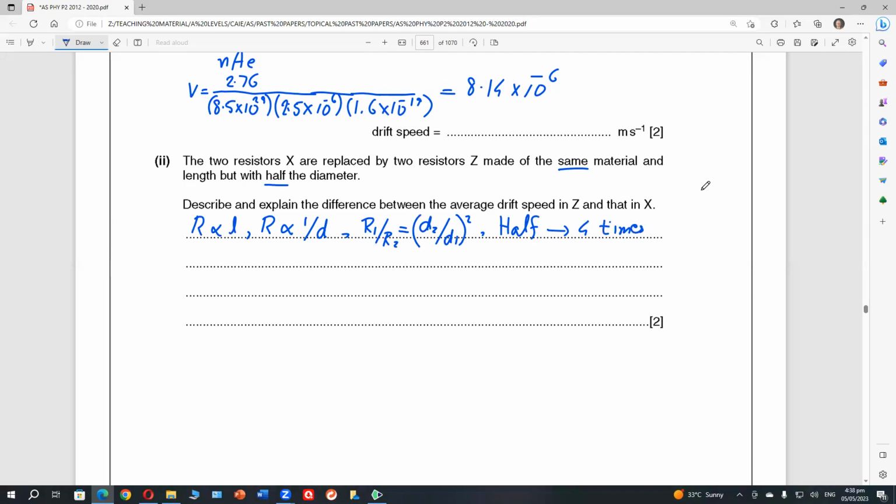The ratio of half will become 4. So the resistance of Z increases.